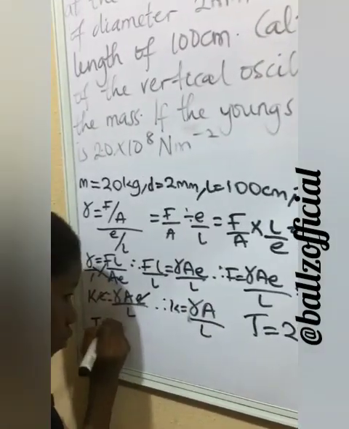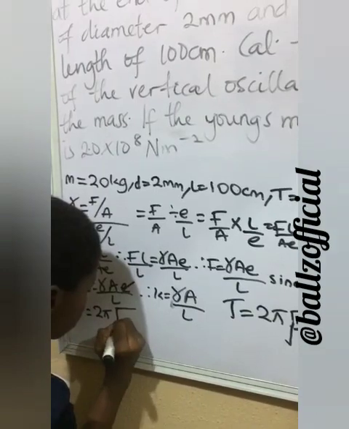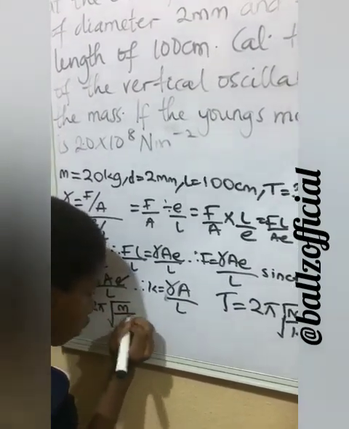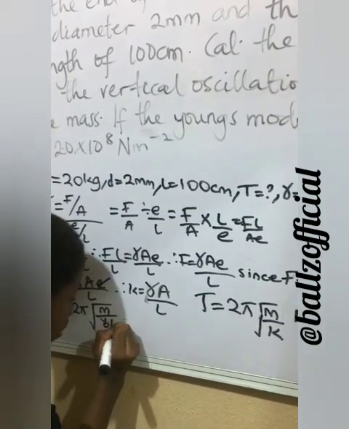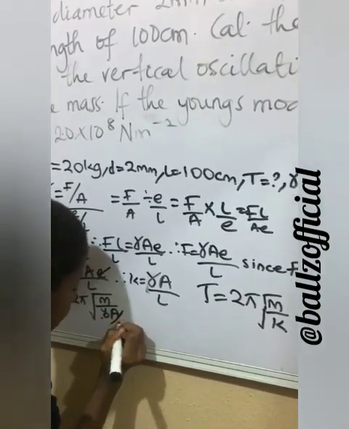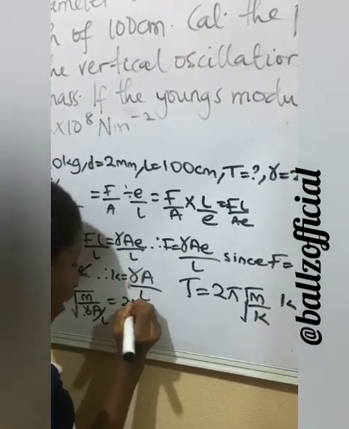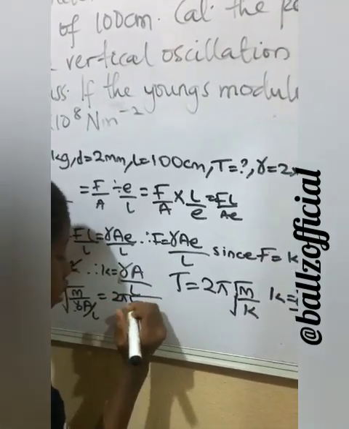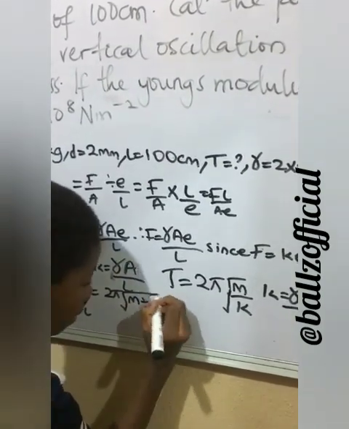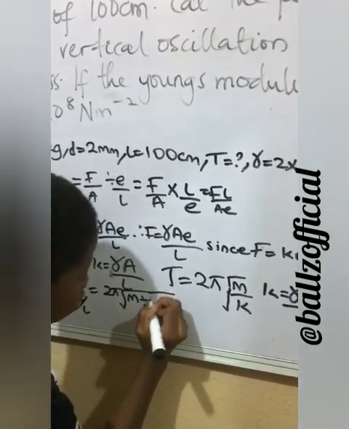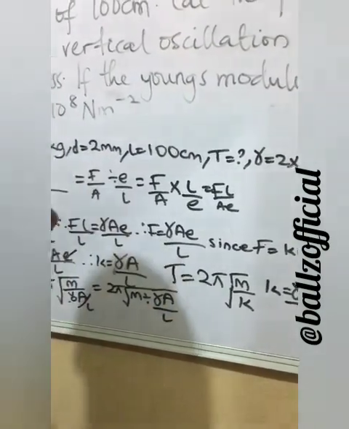Therefore, the period will be 2 pi root m all over Young's modulus times area all over length.